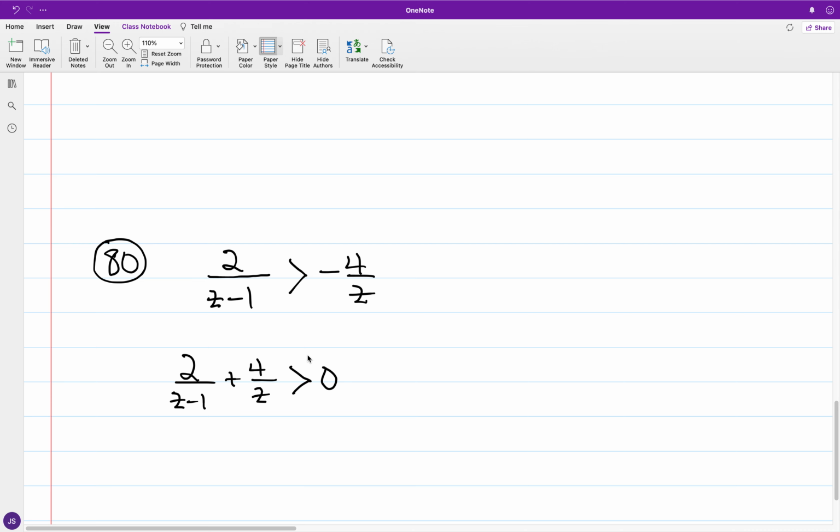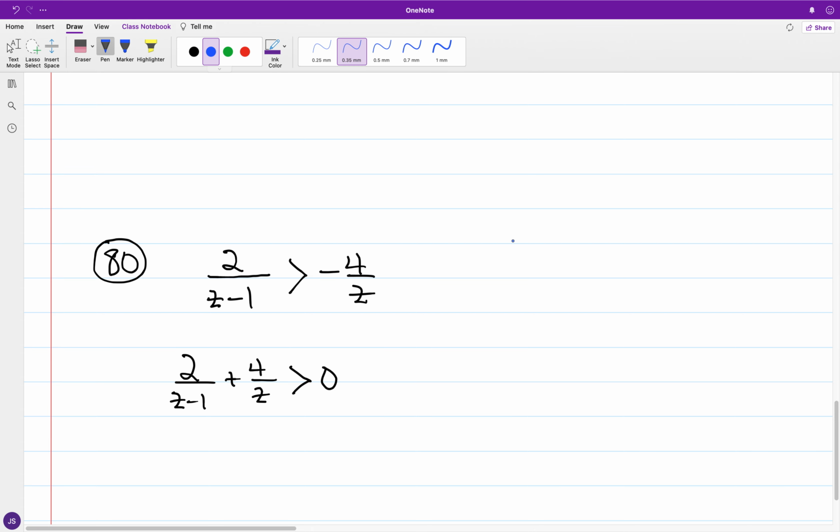And if I look at putting together these ratios, just working on the side here, we have 2 over z minus 1 plus 4 over z. And I want to put these expressions together. Now we have the least common denominator. It's going to be z times the quantity of z minus 1.